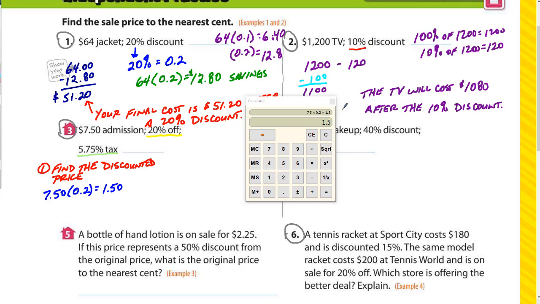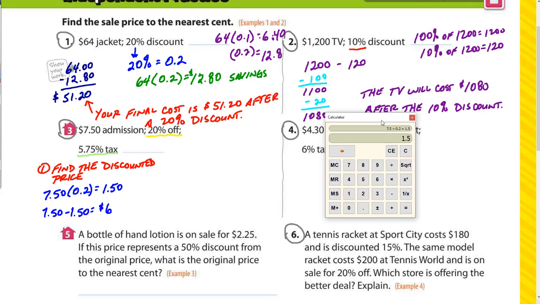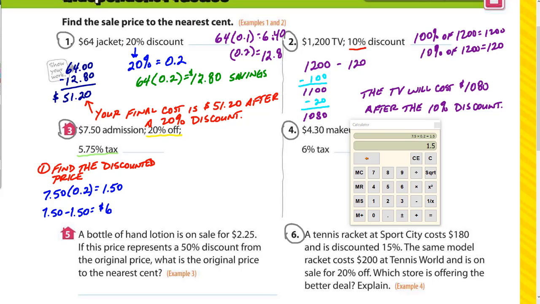Then we're going to take that 7.50 original and take off the $1.50 and we are going to get $6. So if the question was just what's the discounted price, it would be $6. But that's not the question. The question is, what are you going to pay altogether?